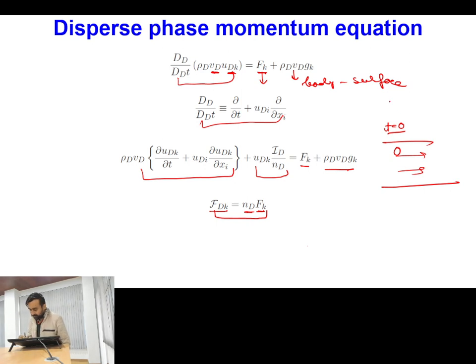It means that if UDI designates the velocity of the dispersed phase in the ith direction, then this will not be equal to UCI initially. Of course, because of the flow in the rightward direction, the particle will experience a certain amount of interaction force, and because of this the particle will start accelerating. But what is the maximum limit up to which this particle will accelerate? It will at most try to reach the velocity of the continuous phase.